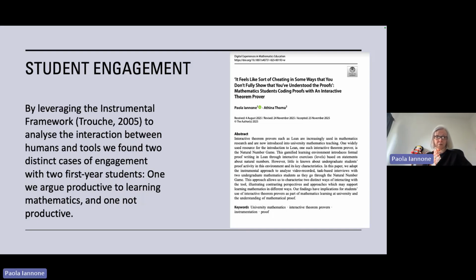Then we asked ourselves, okay, so suppose that I take a student and I get them through the natural number game. What will happen? Is this getting the students to understand a little bit more how to write proofs?